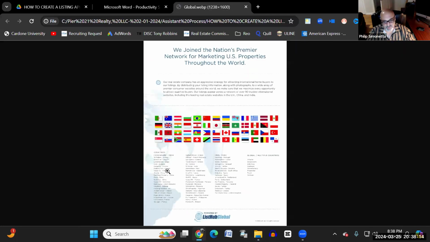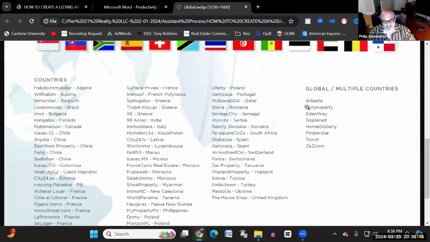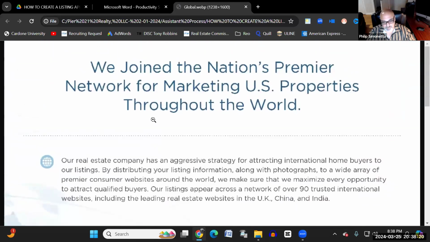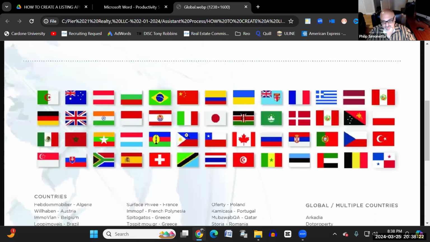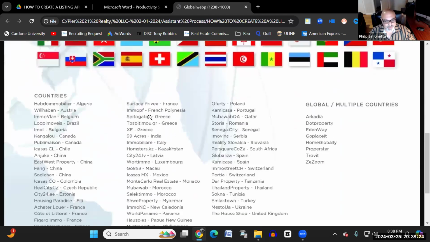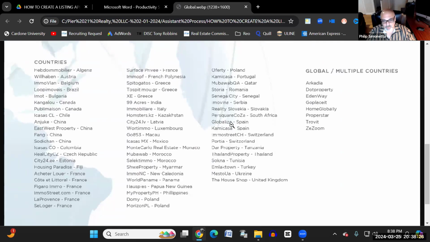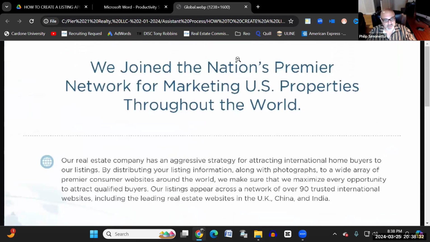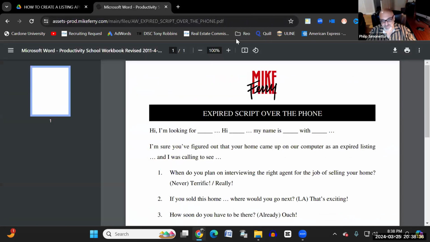Here's all the websites it goes on. And there's all the countries. All the stuff is in there. Languages, countries, and the actual websites for the countries. Globaliza, Kamikaze. These are all the sites. You can look them up. So we have that there, which is our world marketing network. So if people want to see it, you got it.